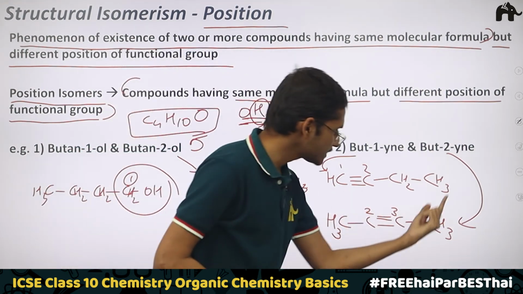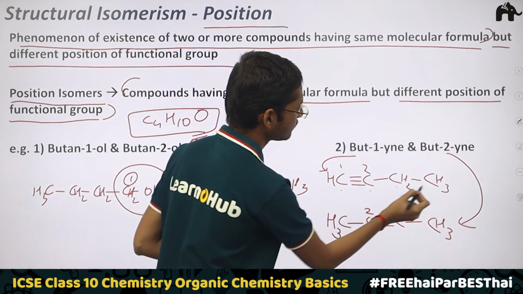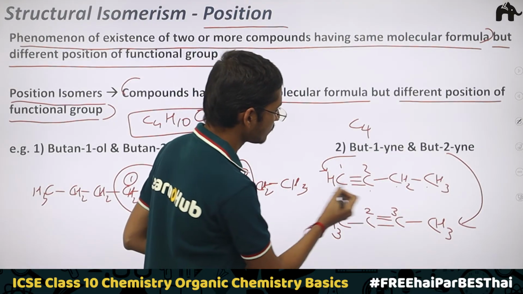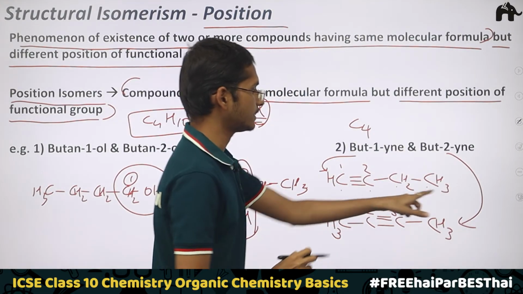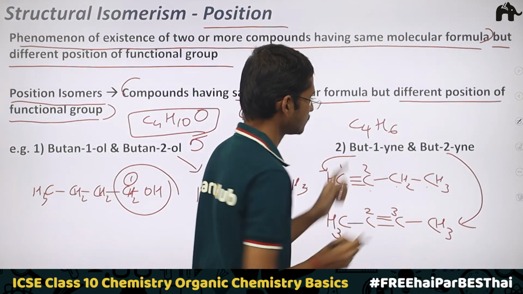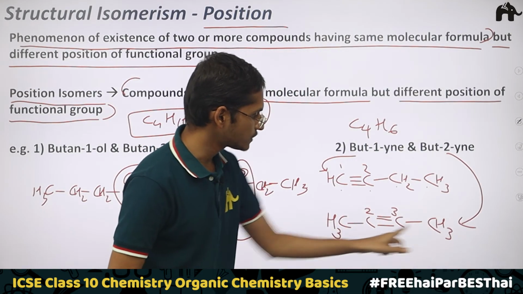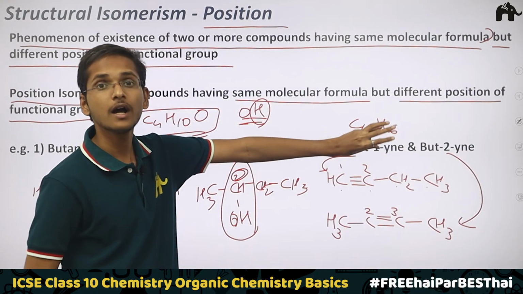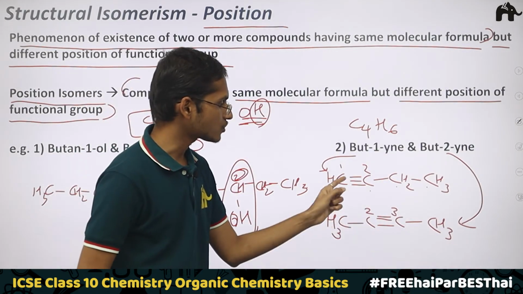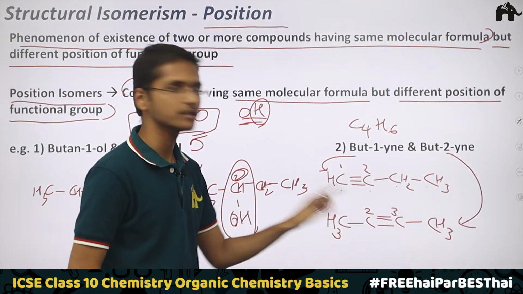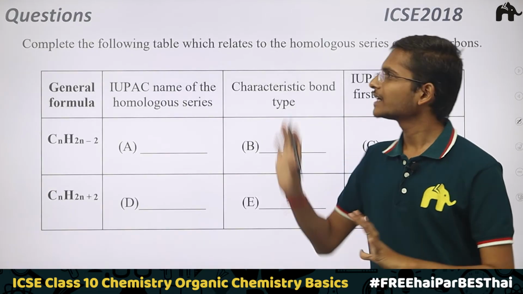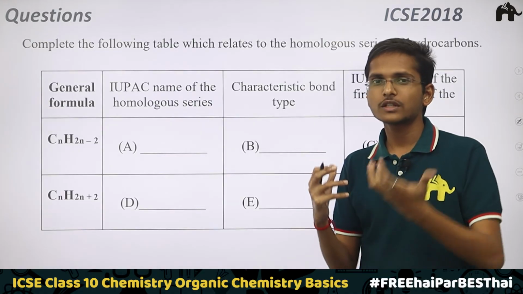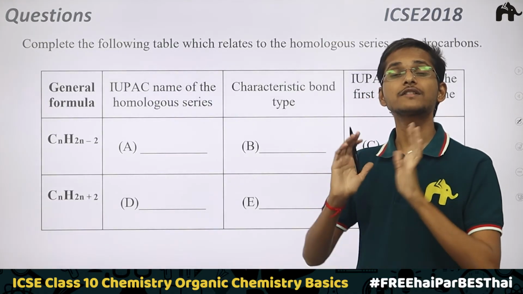They have the same molecular formula: C4, and hydrogens 3 plus 3, 6, so C4H6. Both have the same molecular formula but different positions of the functional group, the triple bond. Very simple. Now let's see some questions based on the concepts we have studied so far.